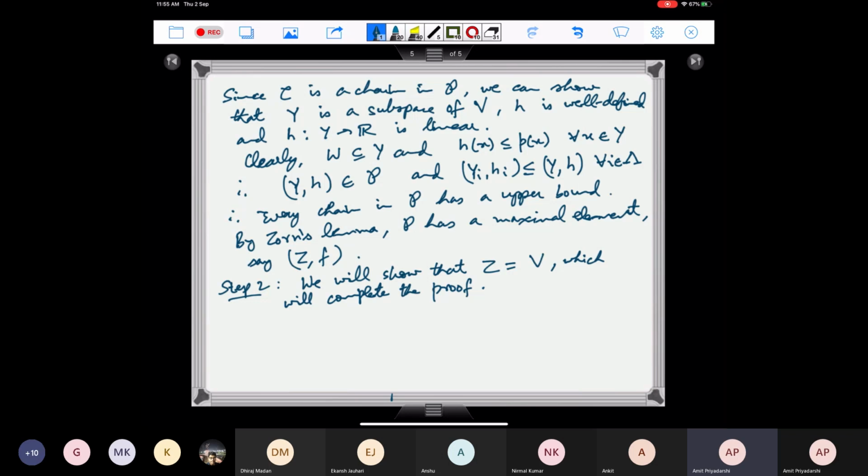For that, we have to see that if we have a linear functional on a proper subspace, then we can extend it to a bigger subspace. So how to do that?